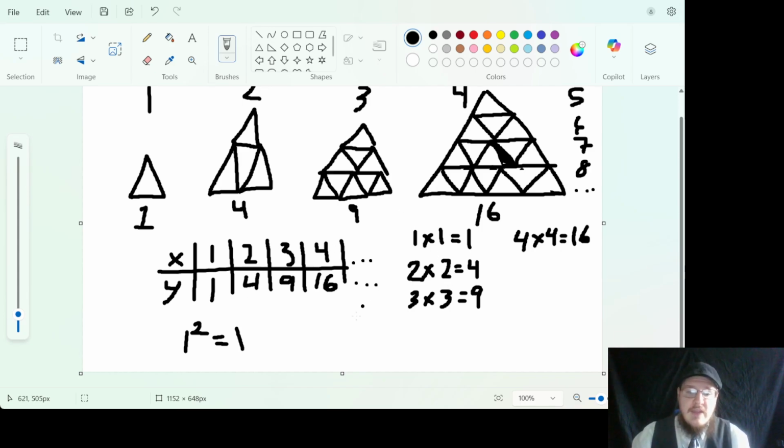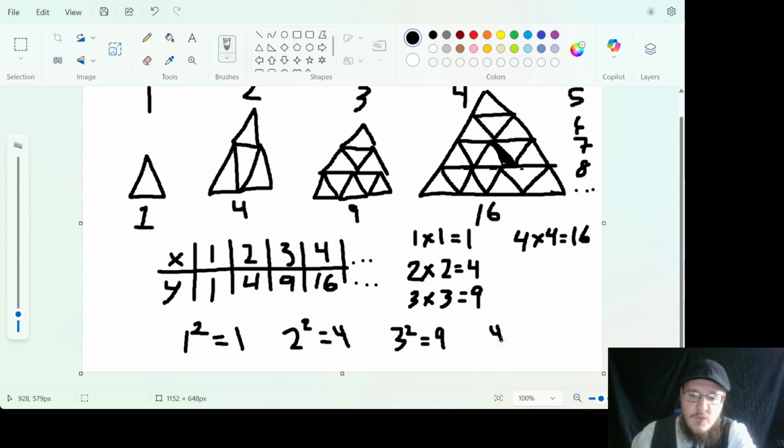Okay? Now the next one here is 2 to the power of 2, which equals 4, because we do 2 times 2, 2 by itself, twice. There's 2 values here, 2 2's, and that equals the 4. 3 to the power of 2 gets our 9. 3 times 3, there's 2 values of 3.